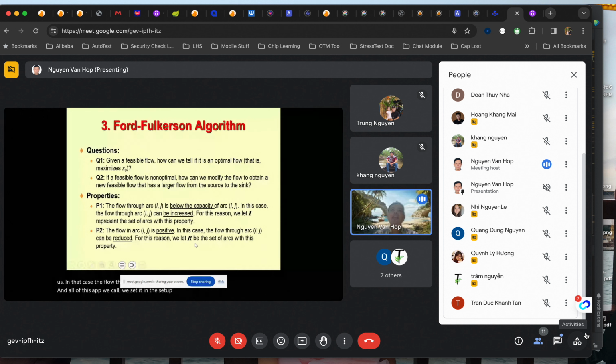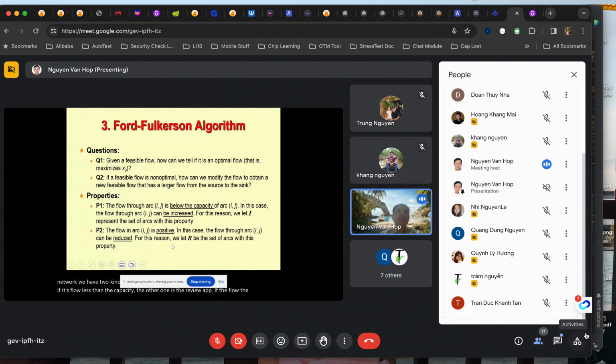Therefore, basically in the network we have two kinds of arc. The first one is the increase arc, if its flow is less than the capacity. The other one is the reduce arc, if the current flow in the arc is bigger than zero, therefore we can reduce.